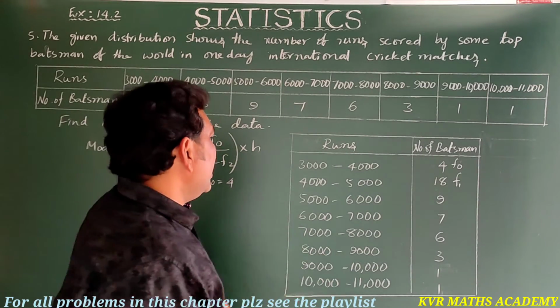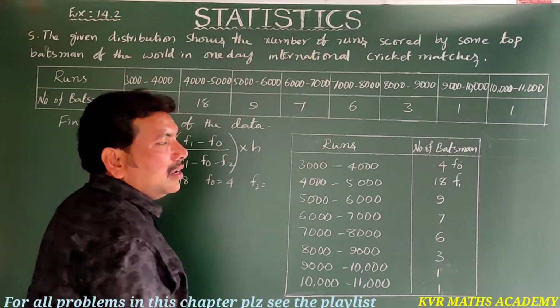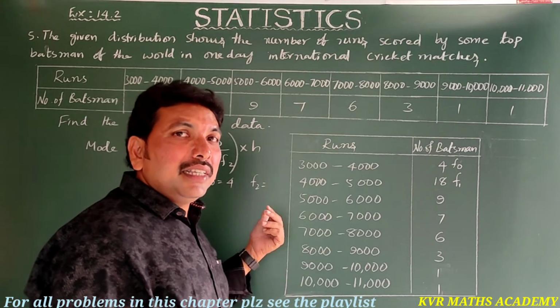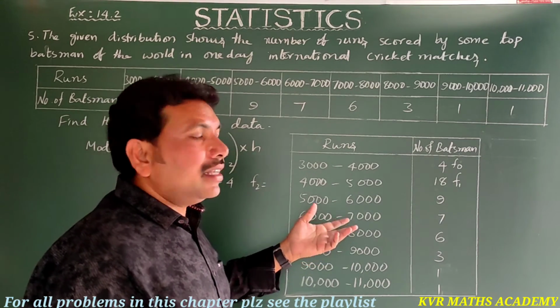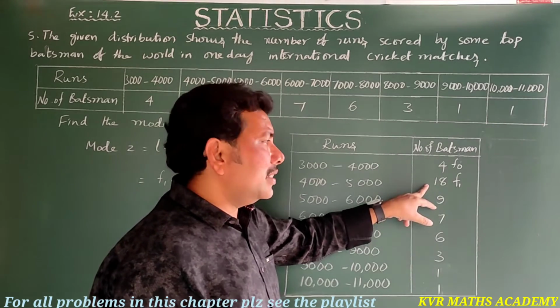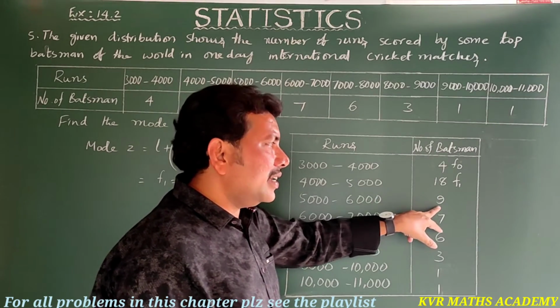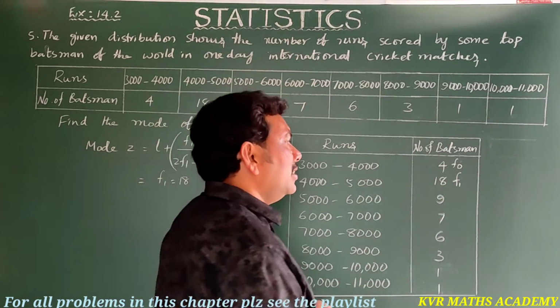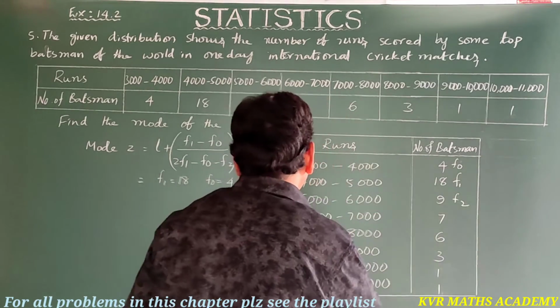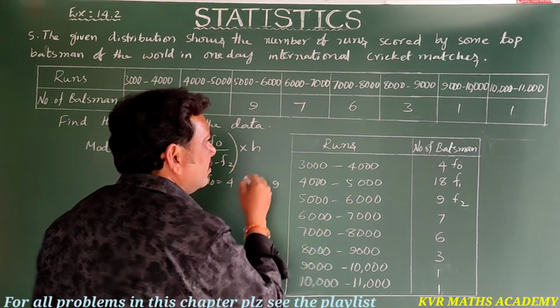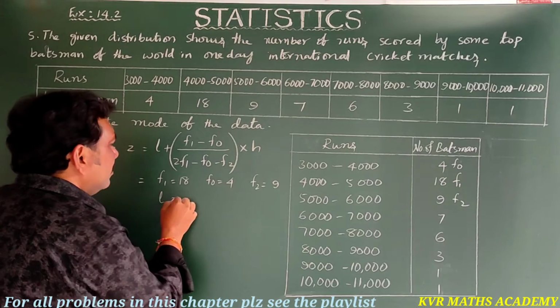Next, what is F2? This is the frequency of the class succeeding the modal class, this one only. So F2 is equal to 9. Next, what is L?